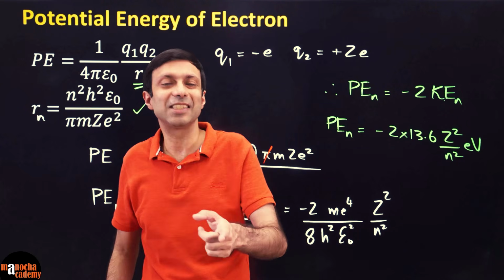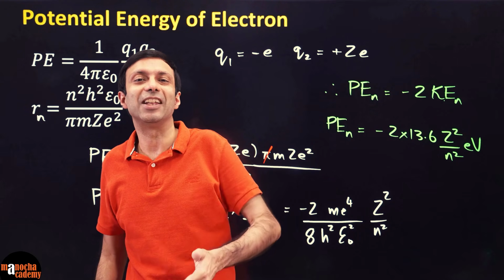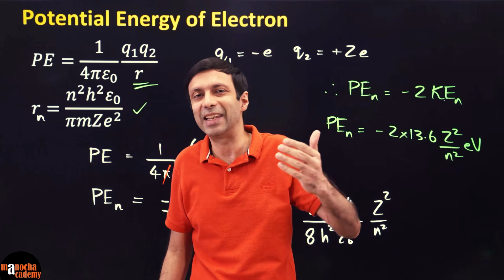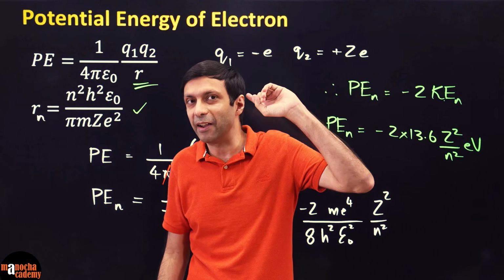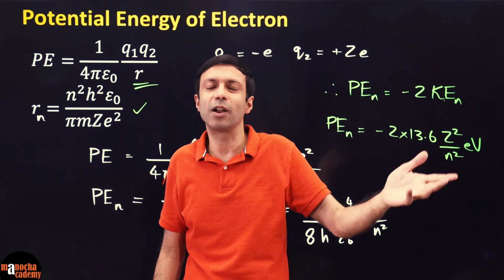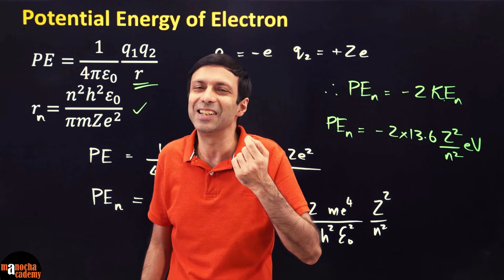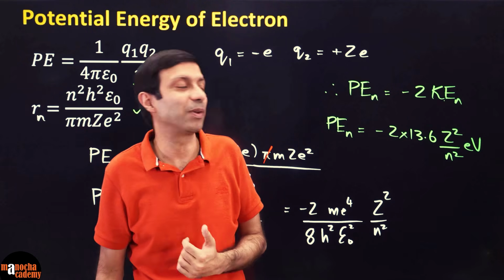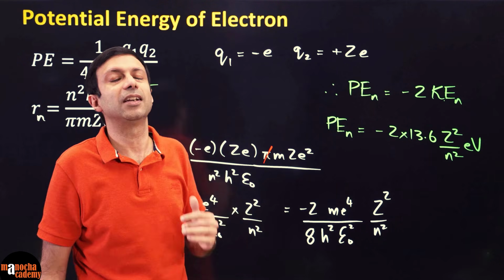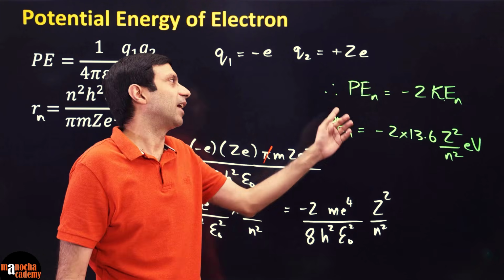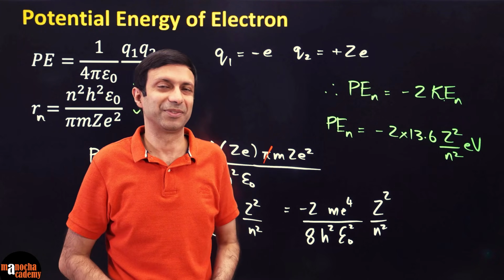So that is why it makes sense that the potential energy of the electron is negative, because by reference at infinity, very far away from the atom, it is zero. So when it comes closer to the nucleus, it is a negative energy. Remember this explanation. So it is absolutely fine that the potential energy is negative, kinetic energy is positive.